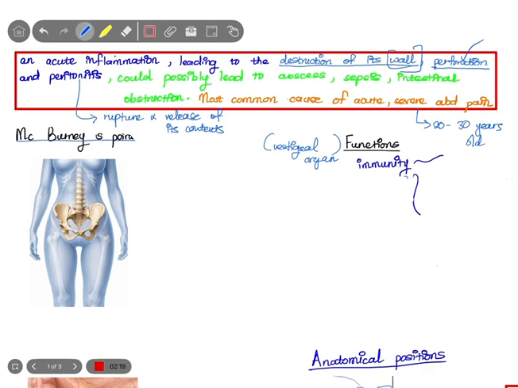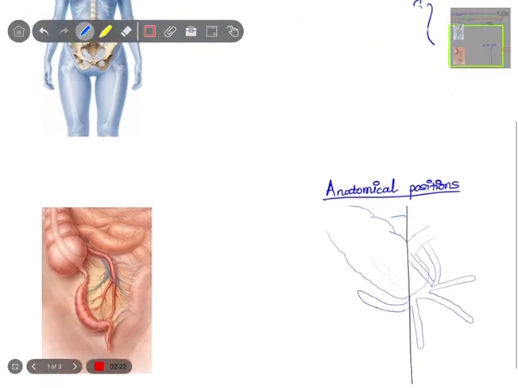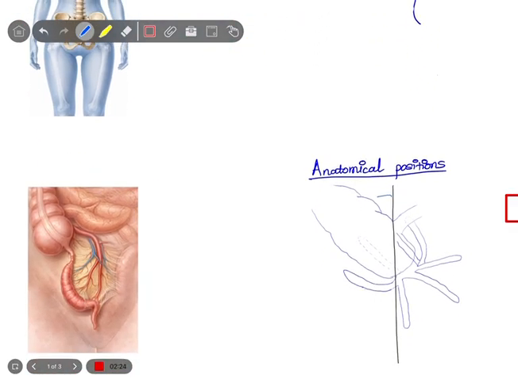Now, the appendix is a small pouch-like tube-shaped structure that we are going to find attached to the tip of the cecum. That is this part, the beginning of the colon or the large intestine. And it typically drains its mucus and secretions together with the normal intestinal flora back into the cecum.